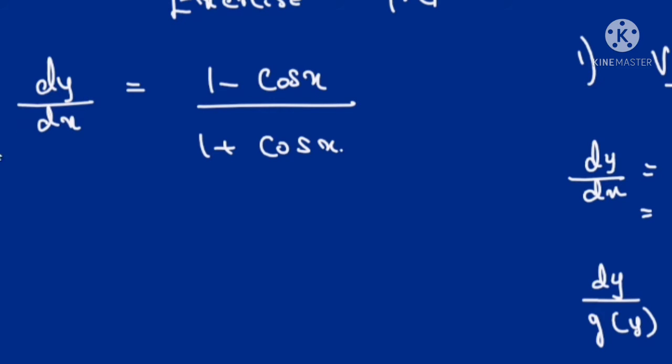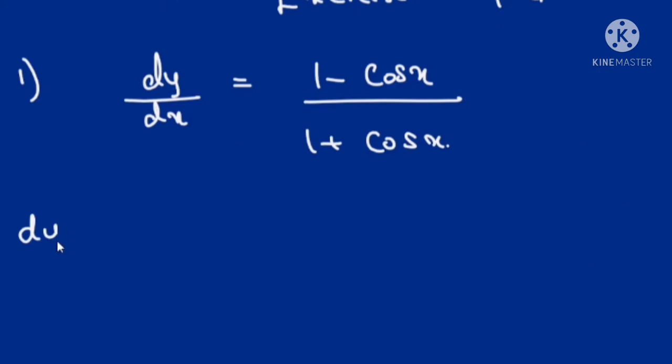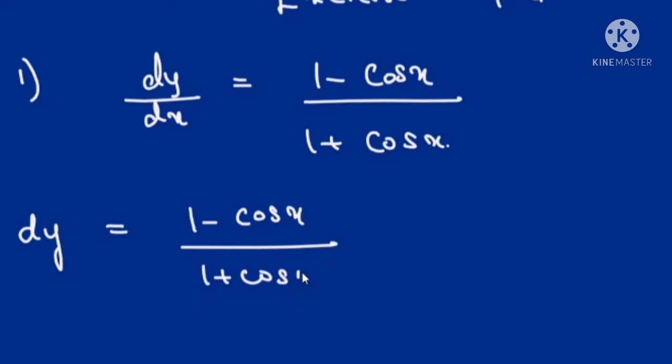So let us see how to find the solution. Let us keep dy here. Separate the variables. That is called the variable separable method. So dy you keep as it is, and this 1 minus cos x by 1 plus cos x dx to the other side.